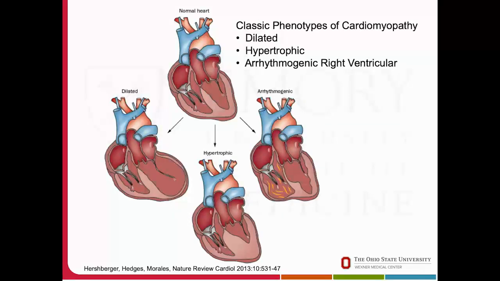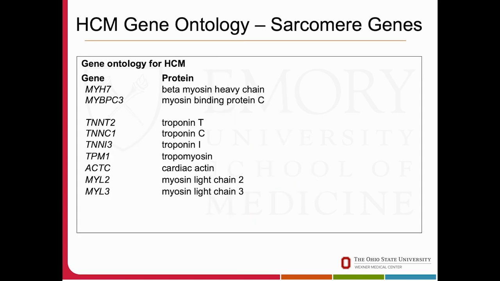So this is the classic types of cardiomyopathy. You know this. Dilated, hypertrophic, and arrhythmogenic. The HCM gene ontology is shown here. And basically, if you can find genetic cause, 80% of it is in two genes: MYH7, beta myosin heavy chain, or myosin binding protein C3.